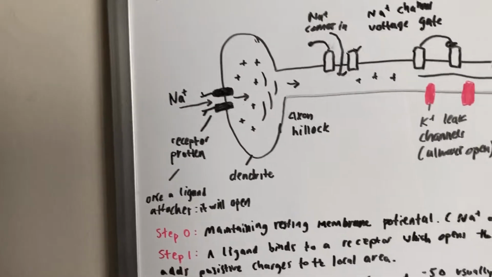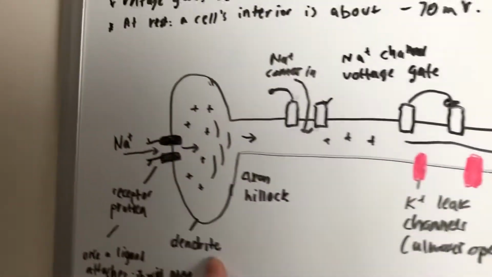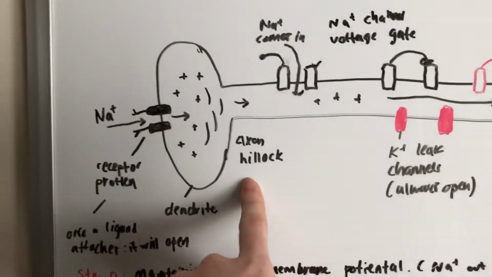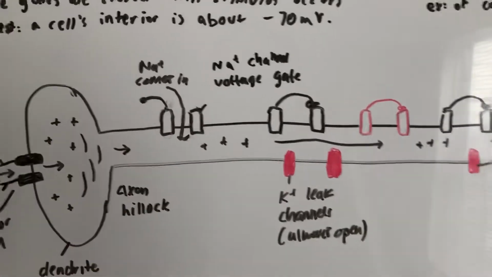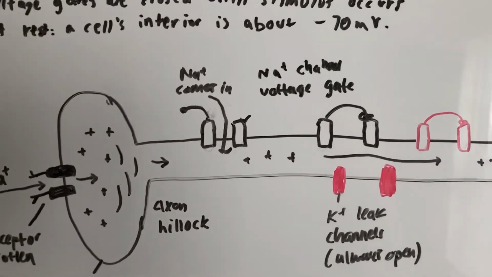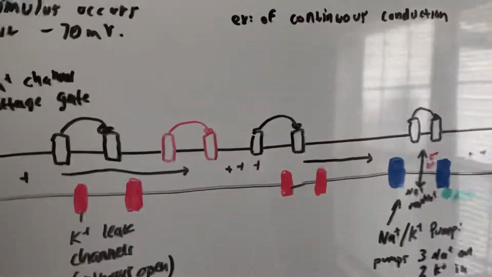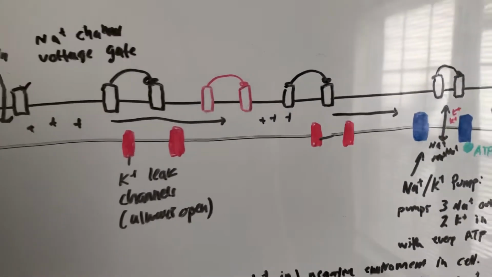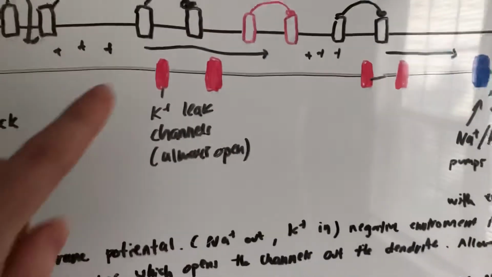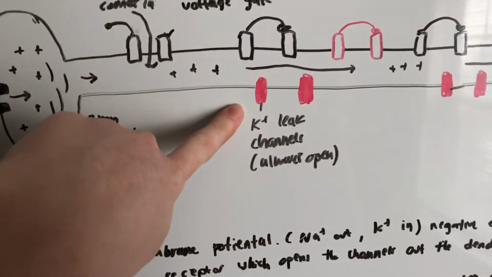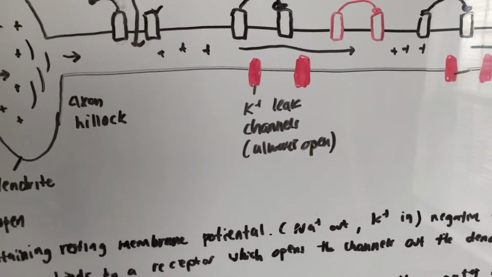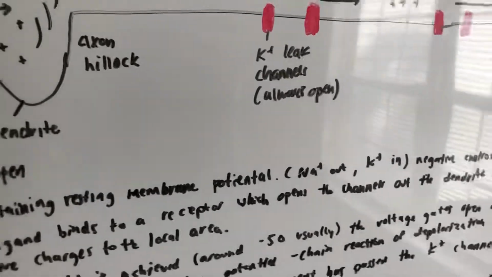So just to point out a few anatomy parts, this is the dendrite here, the axon hillock. The ones in black are the sodium voltage channels, and the ones in red are the potassium channels. The ones colored red are potassium leak channels, which are always open.